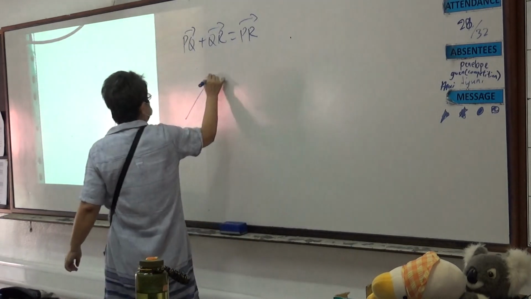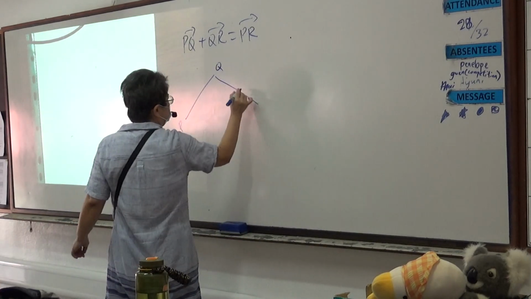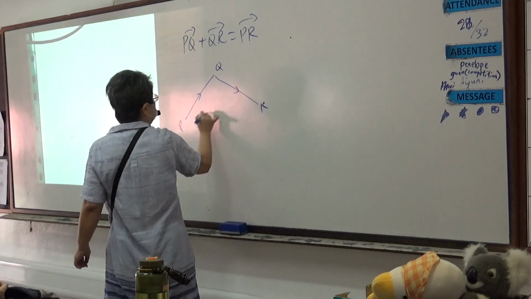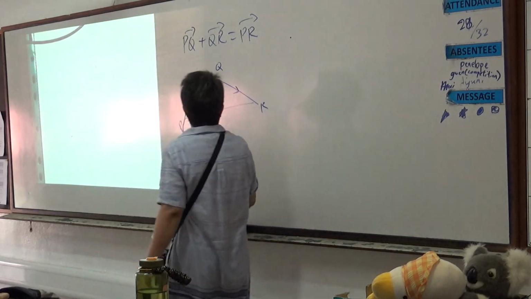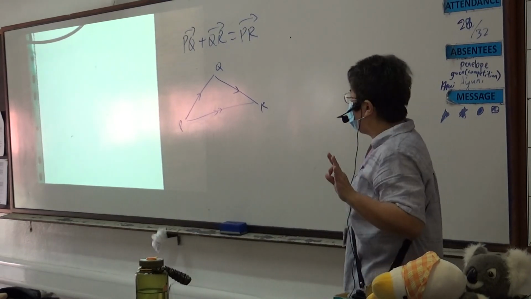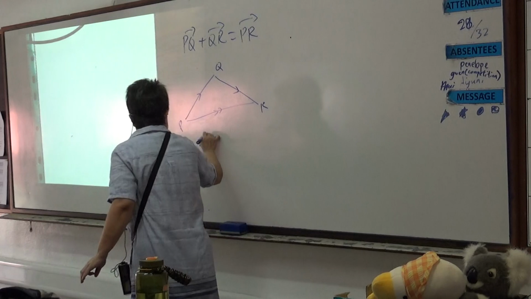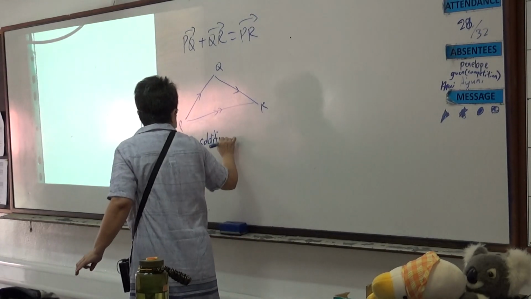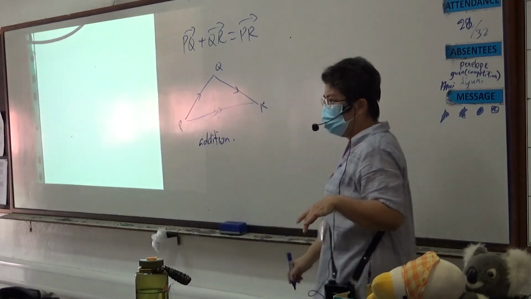Correct. Okay, so let me just do again. PQ, QR. This is my PR, right? Now, this is for addition. I'll go through the example later. I just want to show you something first.